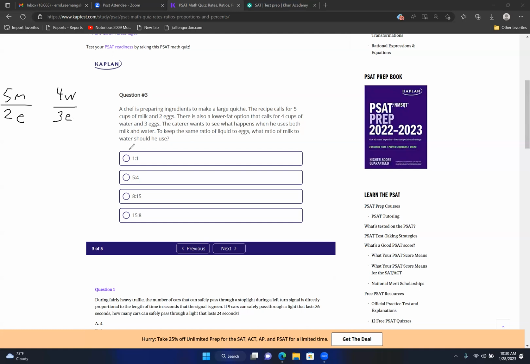The caterer wants to see what happens when he uses both milk and water. To keep the same ratio of liquid to eggs, what ratio of milk to water should he use? How do we do this one? This is milk. This is water.